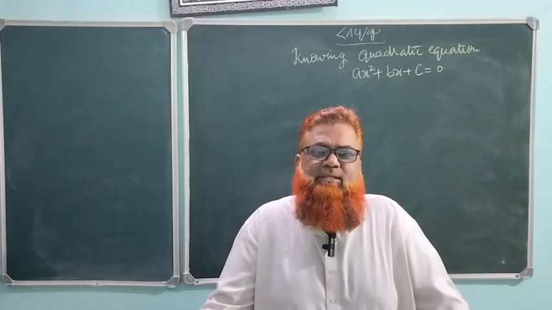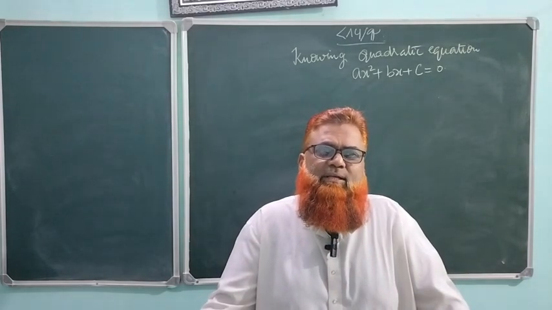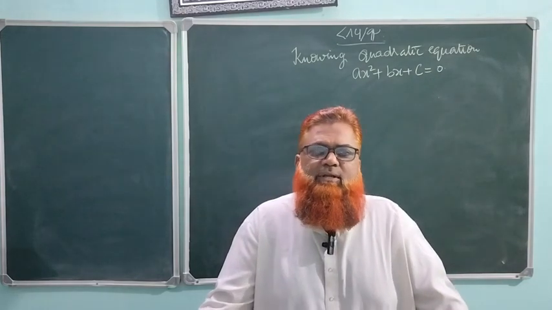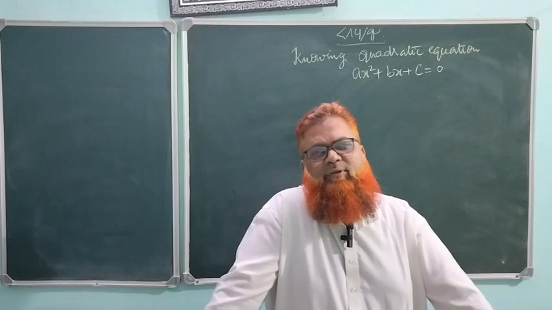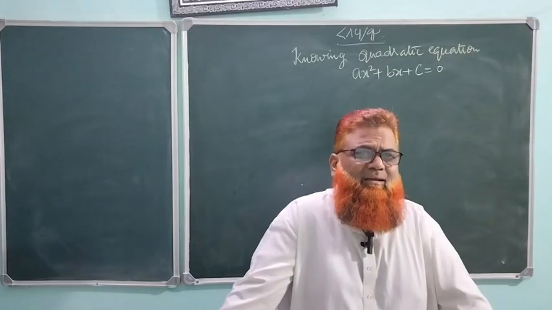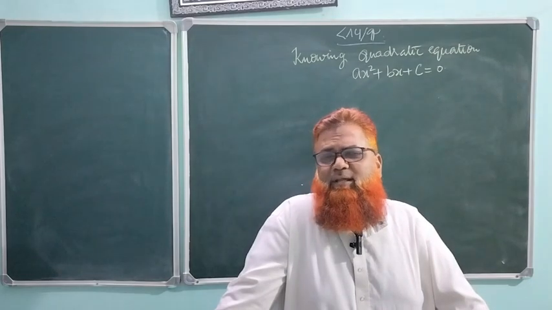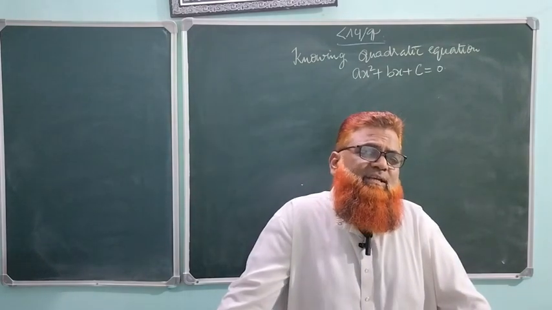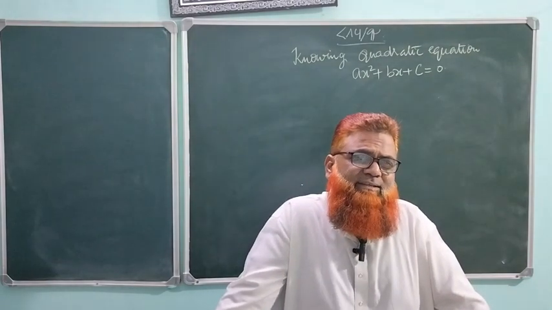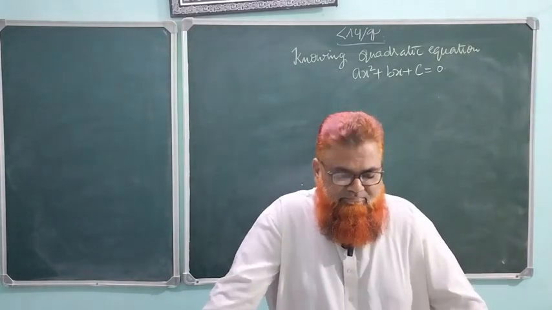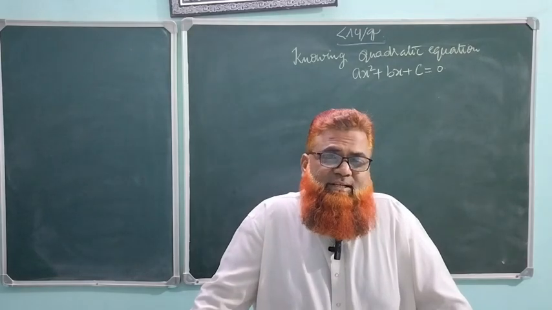An equation expressed in the form ax square plus bx plus c equals 0 is called a quadratic equation. What are a, b, c? A, b, c are real numbers, with the condition that a must not be equal to 0. The a is called the coefficient of x square, the b is called the coefficient of x, and c is the constant term.